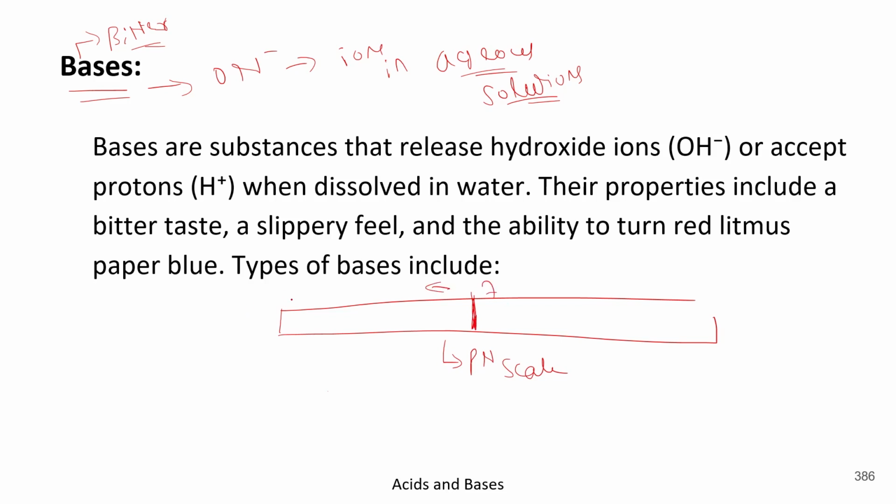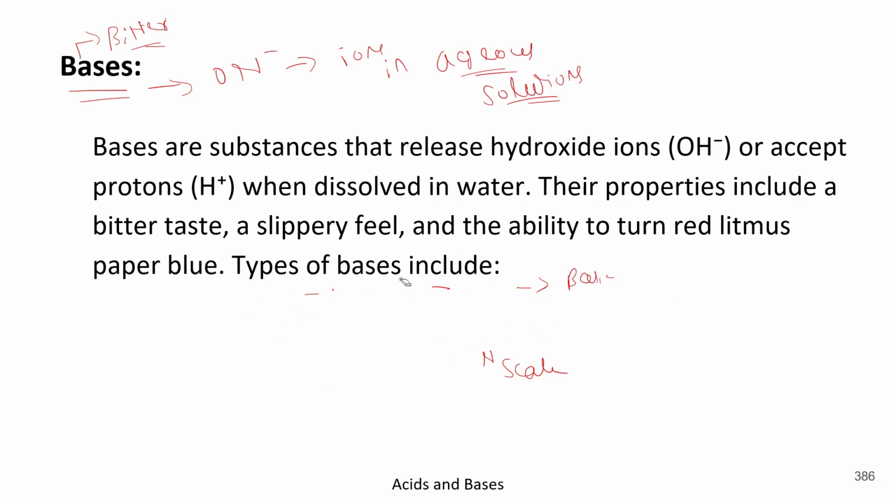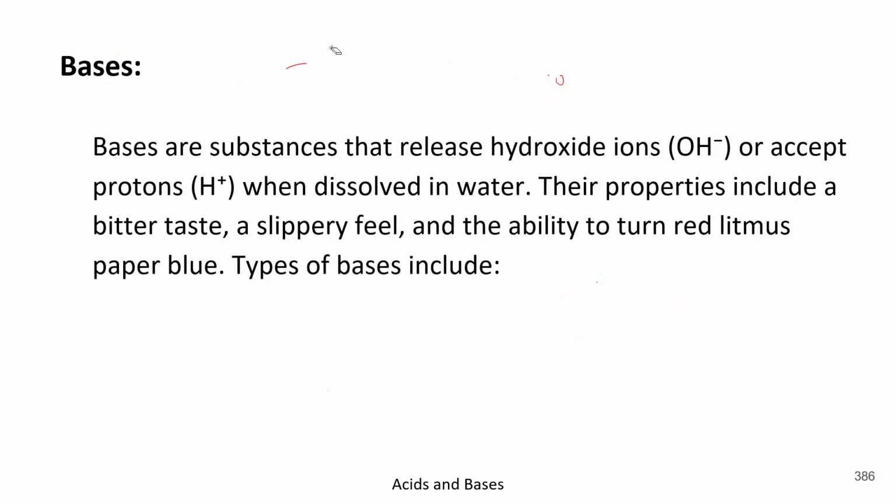So if anything is below 7, it will be acidic. If anything is above 7, it will be basic. Okay, so we had discussed these things, right? So today in this lecture, we are going to discuss some other phenomena of bases. Okay, so let's start.